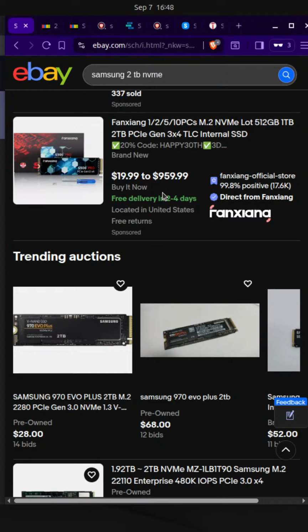I have an offer in on the Samsung one for 66 that got denied on eBay, so let's look at another Samsung 2 terabyte NVMe. This one has a heatsink.